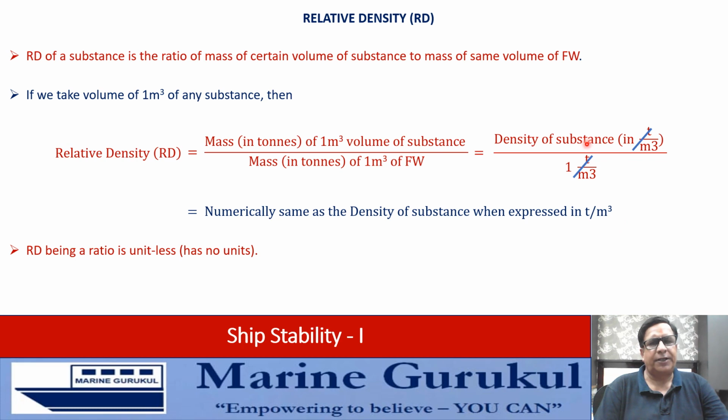RD, being a ratio of masses, does not have any units, so relative density is a unitless number. RD of a substance, as earlier said, is numerically equal to its density expressed in tons per cubic meter.